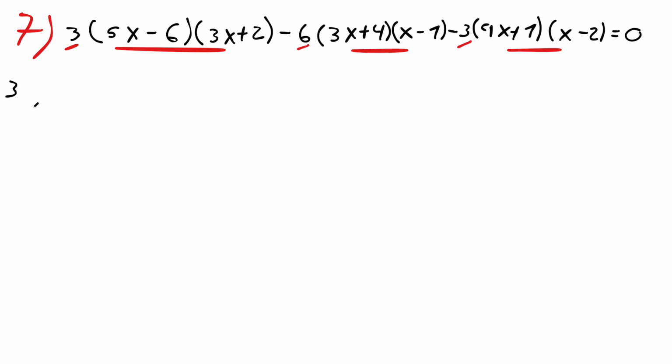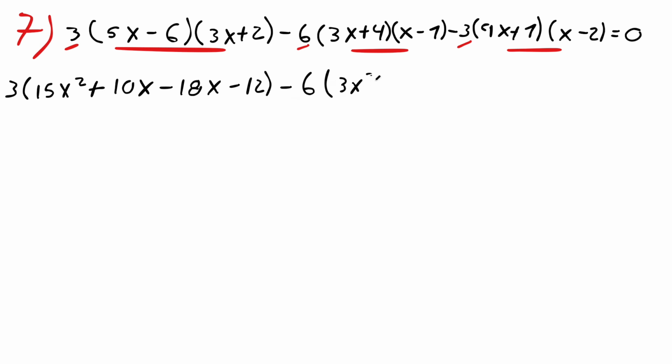So let's start. 5x times 3x would be 15x to the power of 2, plus 5x times 2 would be 10x, minus 6x times 3x would be minus 18x, 6 times 2 with a negative sign would be minus 12, minus 6, and then the other set of parentheses. 3x times x would be 3x to the power of 2, 3x times minus 1 would be minus 3x, and then 4x, since 4 times x, and lastly minus 4, since 4 times minus 1 would be minus 4.